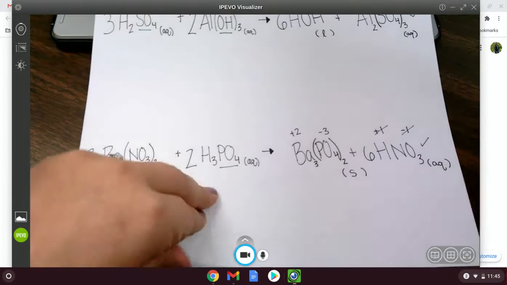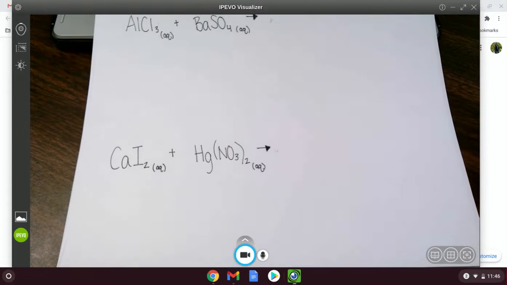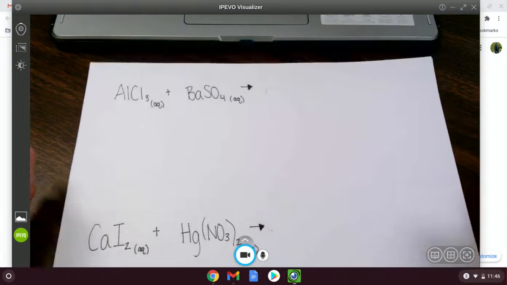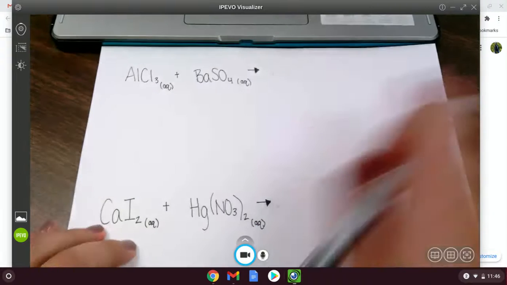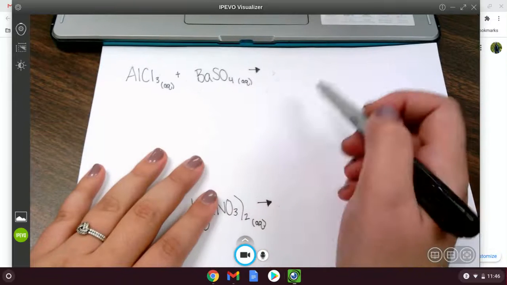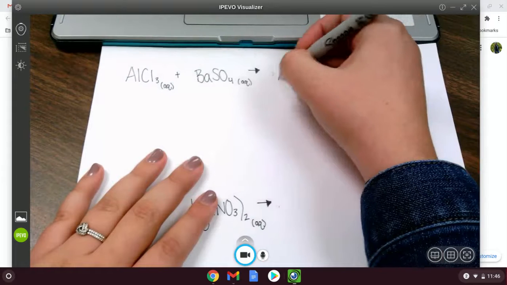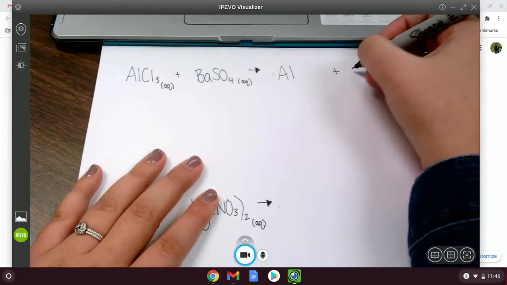The other two examples, here we go. I have pulled these examples from the second page of the worksheet. I don't know what number they are exactly, but you'll be able to find them. So we have aluminum chloride and barium sulfate. Again, first thing we need to do, write the metals in the same place.